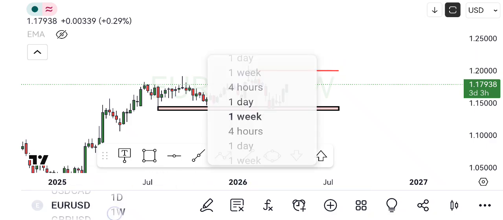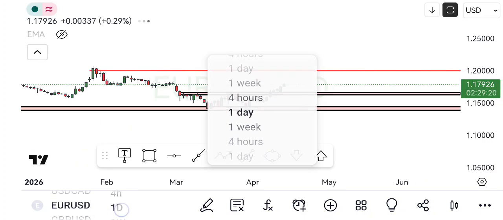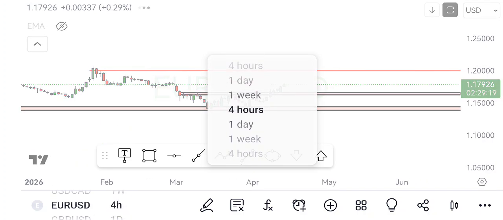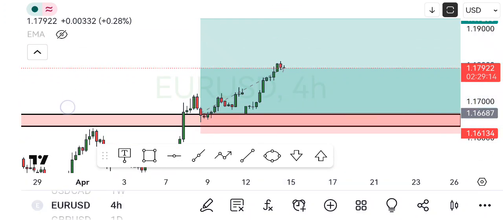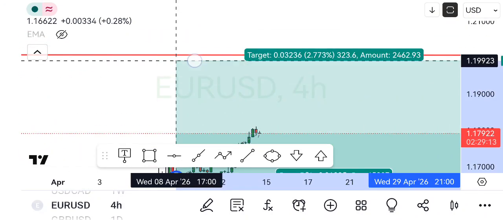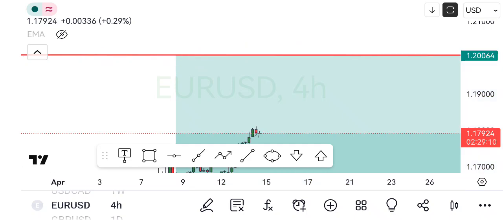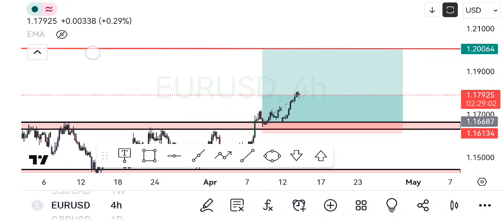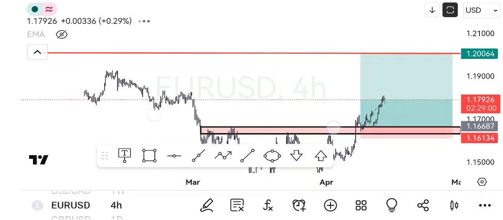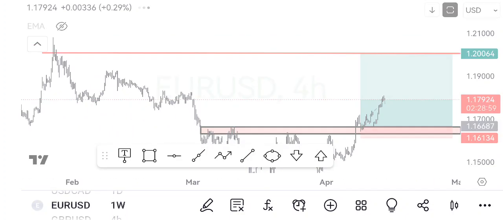Let me show it to you on the H4 time frame. So I'm going to take the rest of the profits here, meaning this is how my position is now going to look. Very beautiful risk to reward. Very, very beautiful risk to reward ratio.